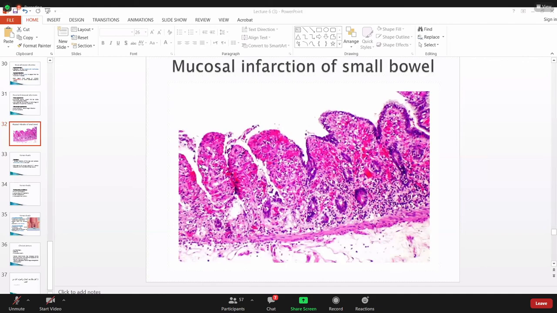Inflammatory bowel disease causes inflammation involving the full thickness of the bowel, regardless of whether bacteria are present, and it is highly associated with fistula formation. When we discuss it, you will understand more.